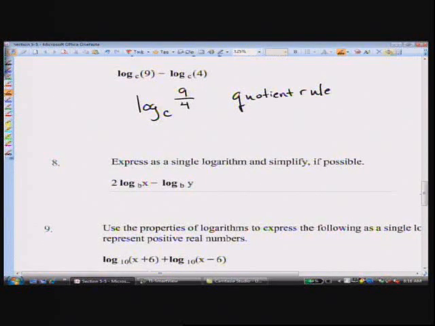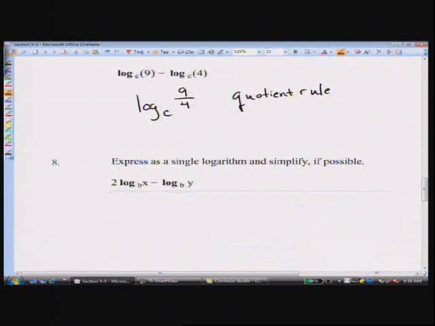Okay, Marlon, do you have an idea on number 8? You have to use 2 properties. Do the power rule first. So you're going to bring that 2 and put it up into the exponent. All right, so this will be log base b of x squared minus log base b of y.